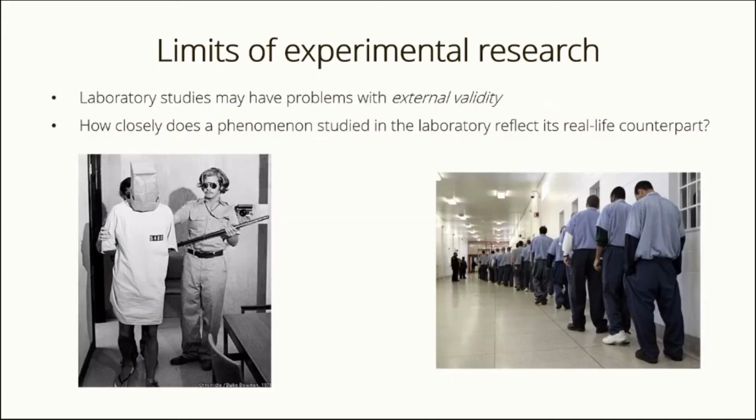If we look at something like laboratory studies, they have problems with external validity. So like I mentioned before, external validity is the extent to which the findings of a study can be generalized to situations outside of the lab. So how closely does it reflect its real life counterpart? On the left is an actual experiment that was conducted in the 70s.